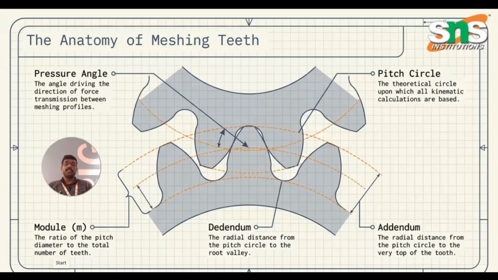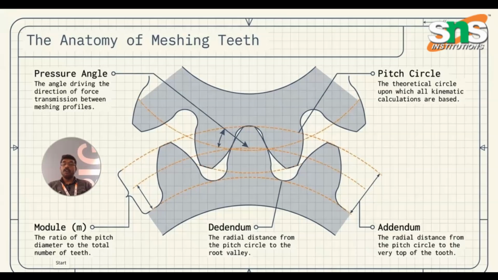So pitch circle is the circle that lies at the exact center of the teeth of a particular gear. Number two is the addendum. Addendum is the radial distance from the pitch circle to the top of the tooth. Whereas dedendum is the radial distance from the pitch circle to the root of the teeth.